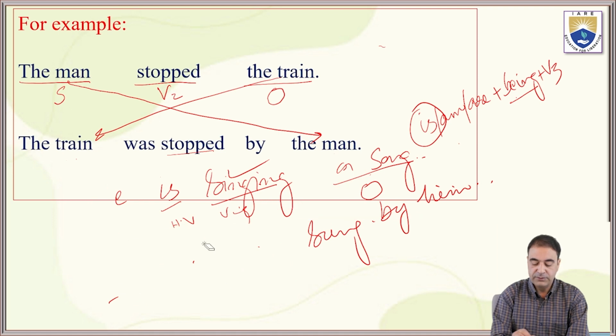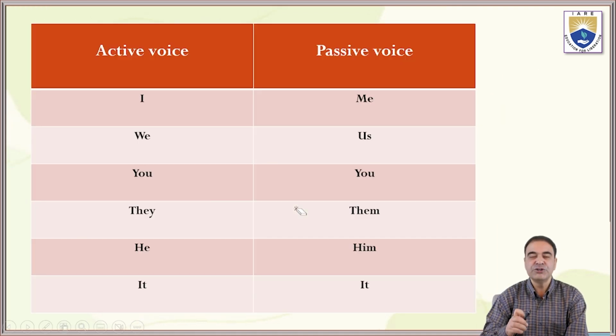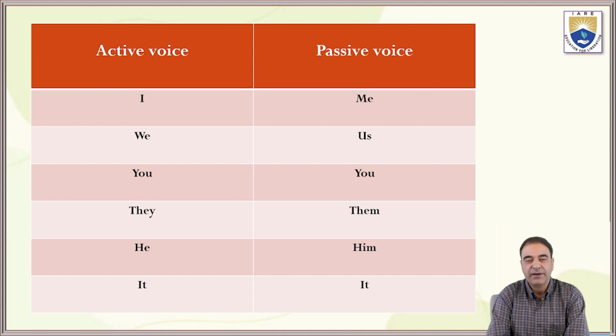Now, look at this slide. How do we change pronouns from active voice to passive voice? I will change into me. We will change into us. You will change into you, that means it will not change. They will change into them.